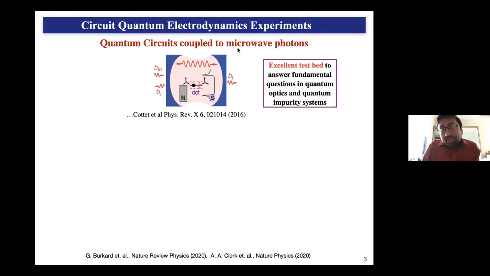So what you have is a small scale, purely quantum system where you have a light matter interaction.